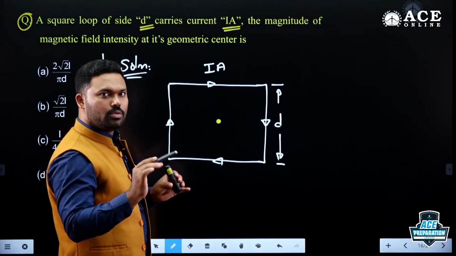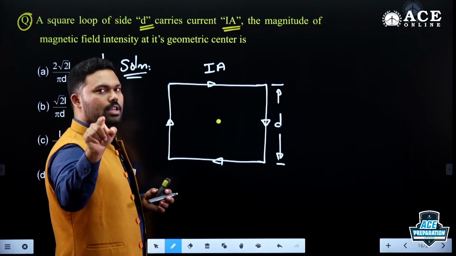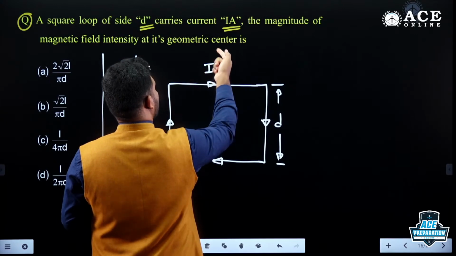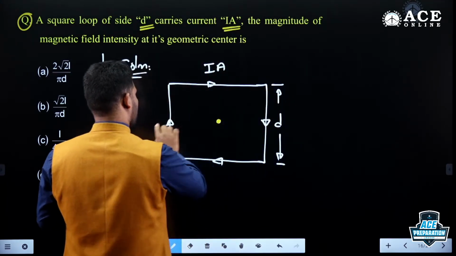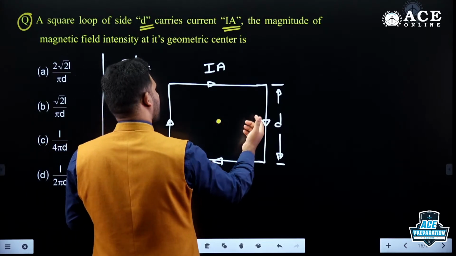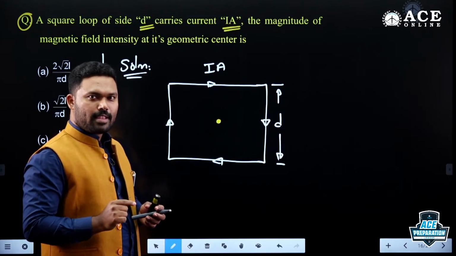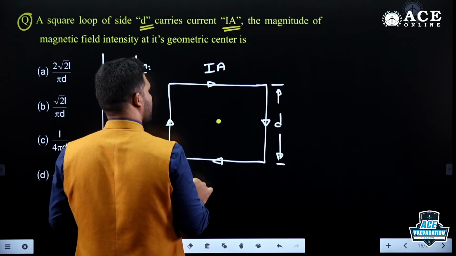But you need not do it for all 4 sections. You have to do it for only 1 section and multiply by the number 4. Why? Because the magnetic field due to this section is like this, and due to this section is like this, like this, like this. So at the center, they are going to add up because of all the 4 sections. Clear? Okay.